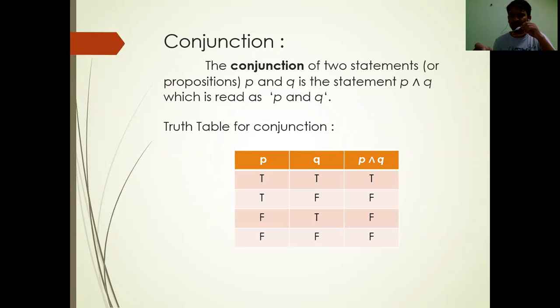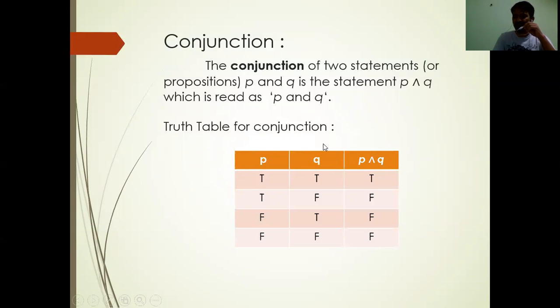So P and Q is the statement. If I use the word and between the two statements P and Q to combine them, then this is known as the conjunction.